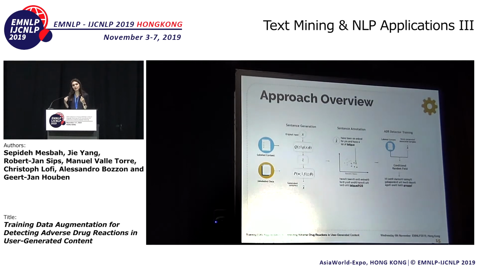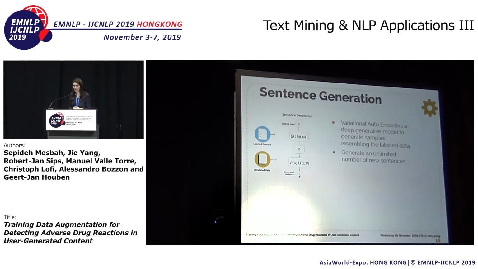After having the new sentences, we need to automatically label them using label propagation from the initial labeled seed. Then by combining the newly generated sentences with the initial labeled ones, we can give them as input to any kind of sequence tagger, for instance a conditional random field, to train an automatic ADR detector in order to be able to detect new ADRs from the text.